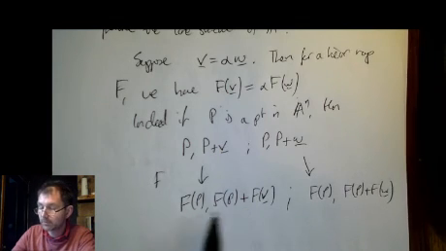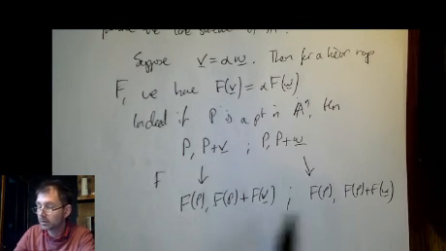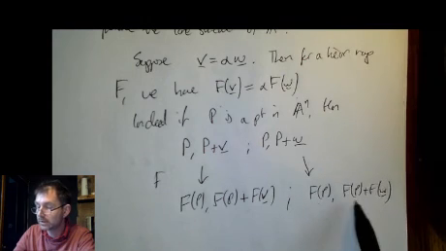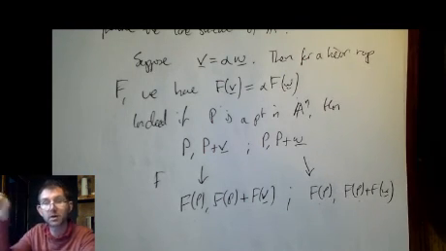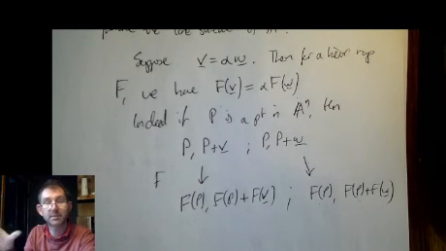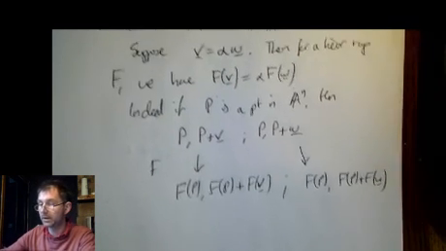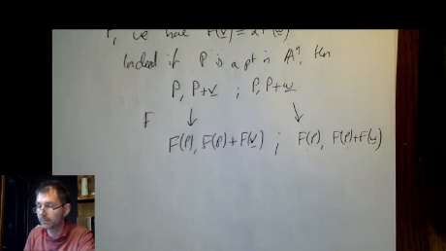So the line segment from FP to FP plus FV is the same multiple of the line segment from FP to FP plus FW. So even if you start at a different place, this aspect of the line structure is preserved under a linear map.